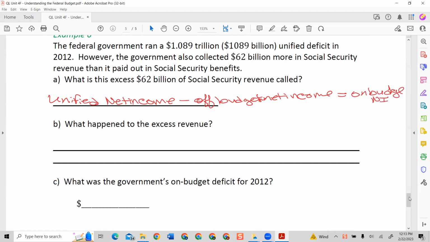Okay, so now let's do this. So we have a negative 1,089 billion minus the 62 billion gives me a negative 1,151 billion.